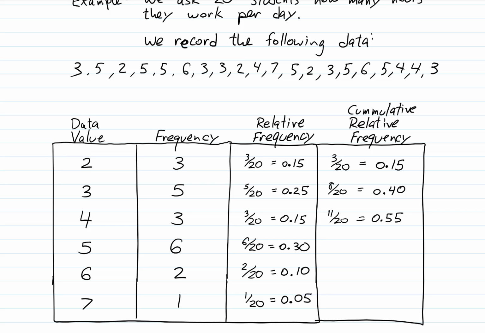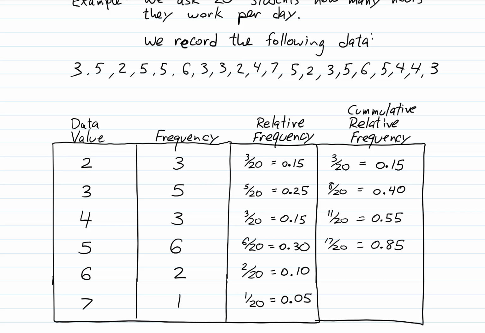You could probably fill in the rest of the table now. I'll go ahead and just fill in the numbers. For 5, that would be 17 out of 20, which is the same as the decimal 0.85, which is the same as 85%.